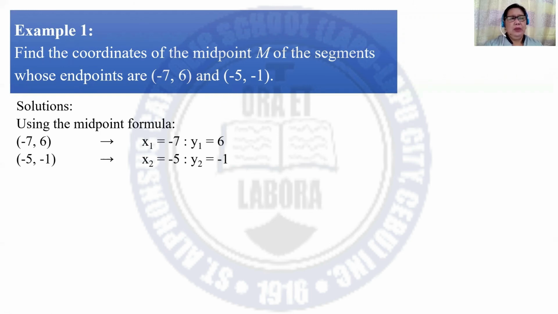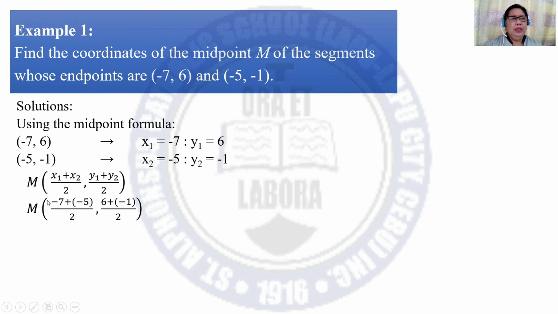And for the second point, -5 is the value of x sub 2 and -1 is the value of y sub 2.